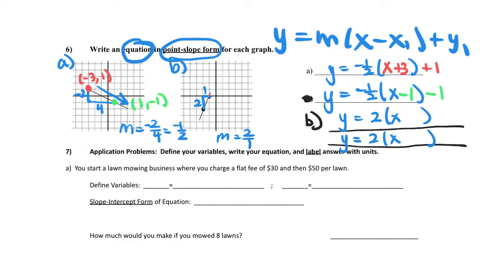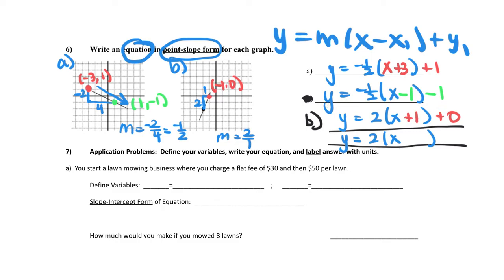So if I pick this point right here, that's hitting at -1, 0. If I put that in, it's going to be y equals 2 times the quantity x plus 1, and then +0 on the outside, because if I have a negative right here, that means I'm going to have a plus in the equation. These will always be opposites.